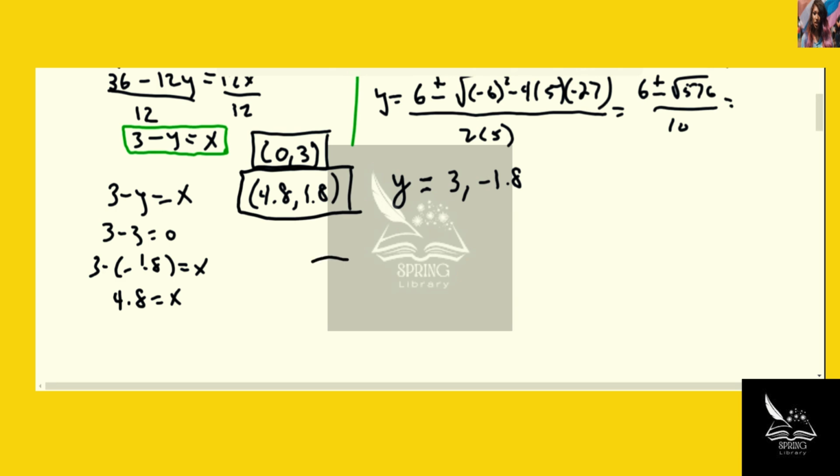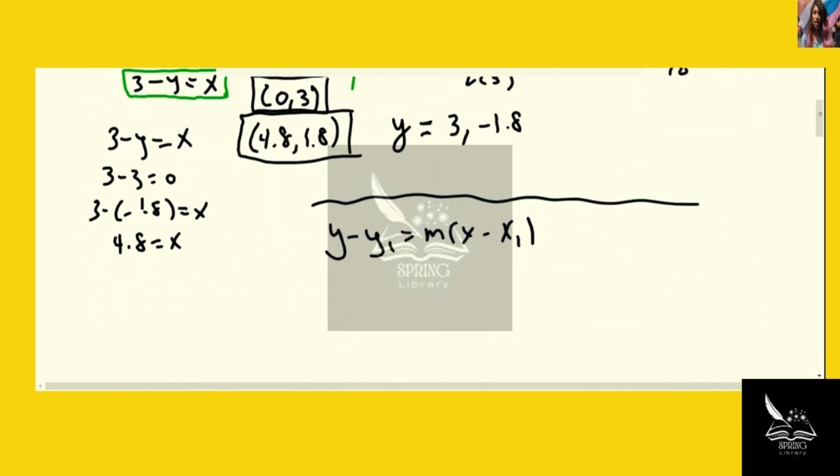And now to find the equation, we can just use y minus y1 equals m times x minus x1. And I know from earlier m is equal to negative x over 4y. And we'll just plug both of these points in.